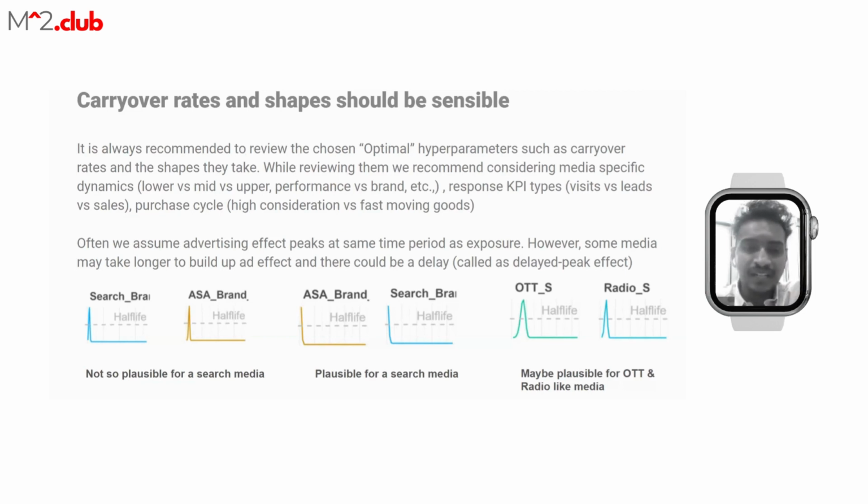So right after the click, the effect is 0, but after a few days, it has its maximum effect. Which means that probably this is not so plausible from the business point of view. We would expect the effect to be immediate, at least for this kind of lower funnel channels. So that is why always just don't go by the R square and MAPE values. Please look at your hyperparameter values as well to see if it makes sense.